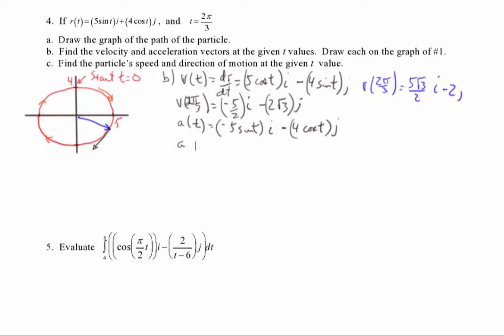And now we'll find a of 2 pi over 3. So just plugging that in, negative 5 root 3 over 2. And if I put this i kind of in the middle of the fraction, it's clear that it's not on the inside, plus 2j. Now compare that vector to the position one.